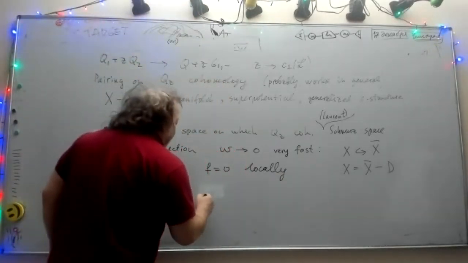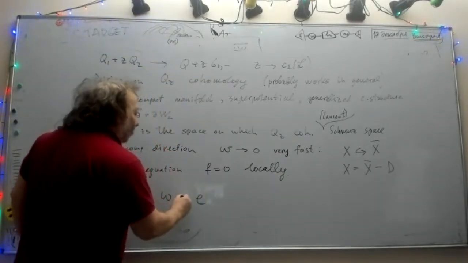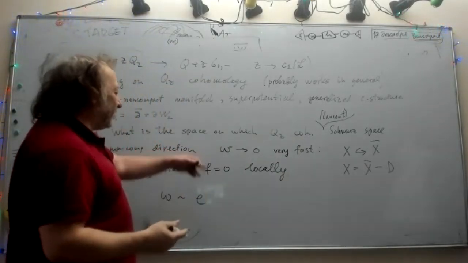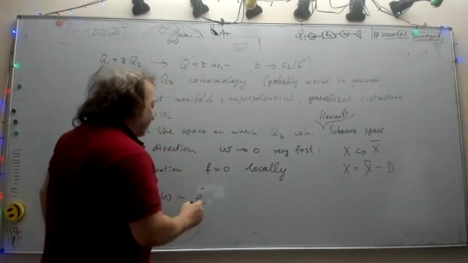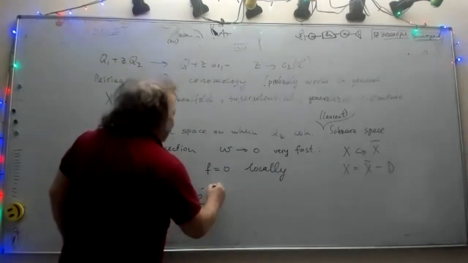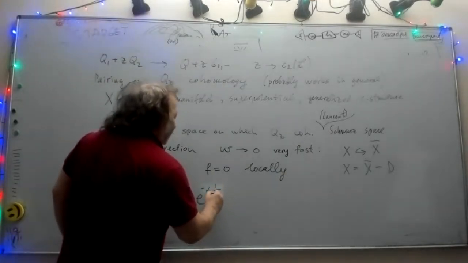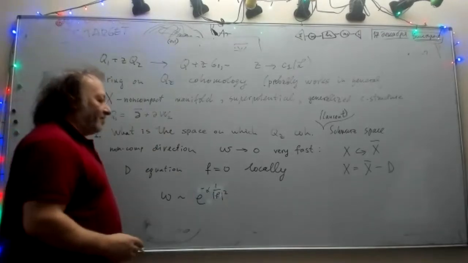So the Schwartz space would mean that the differential form goes, what does it mean to decrease very fast? It means that it goes like, approximately, something that is exponentially, something like this, for some alpha.